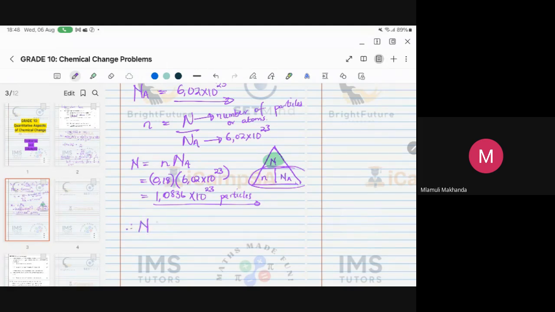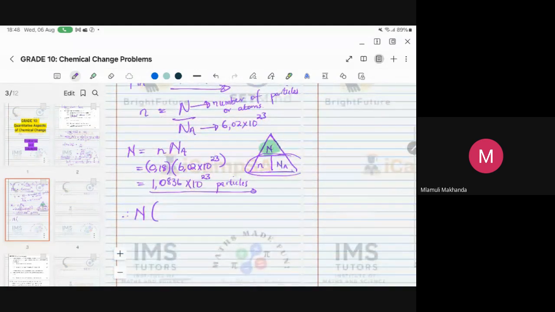Therefore, N is simply 2 times that value.